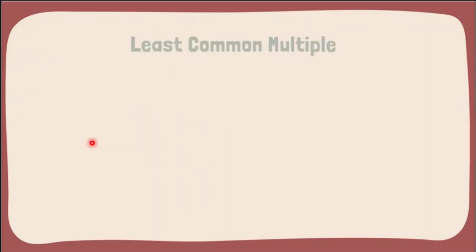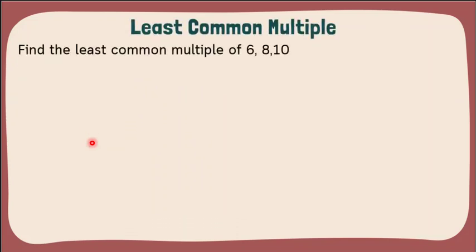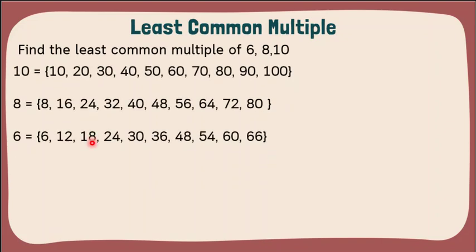Great. How about this one? Try this as well. The least common multiple of 6, 8, and 10. Yes, you would have to list some multiples of the 3 numbers, and in this case you could list the first 10 multiples of all of them. Great.